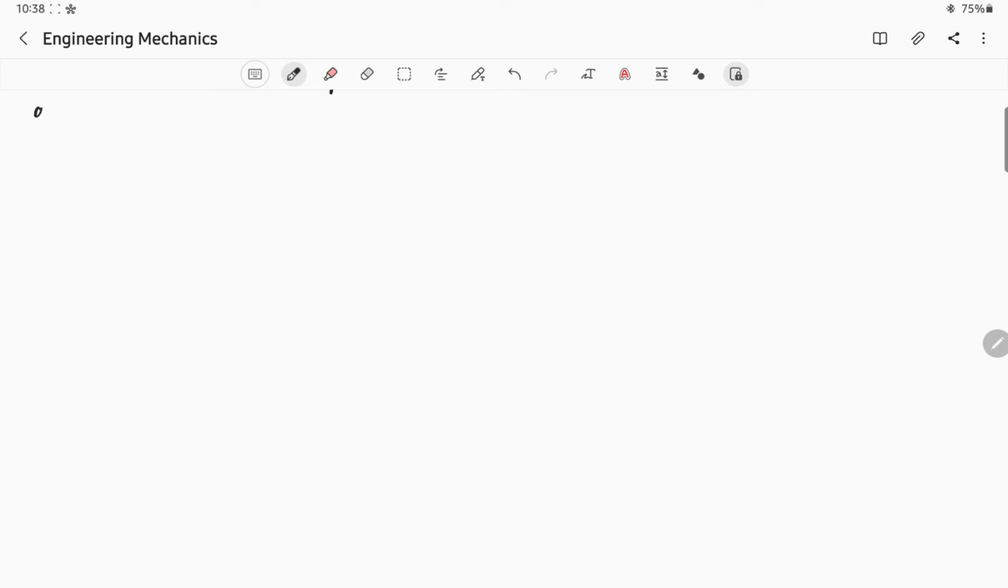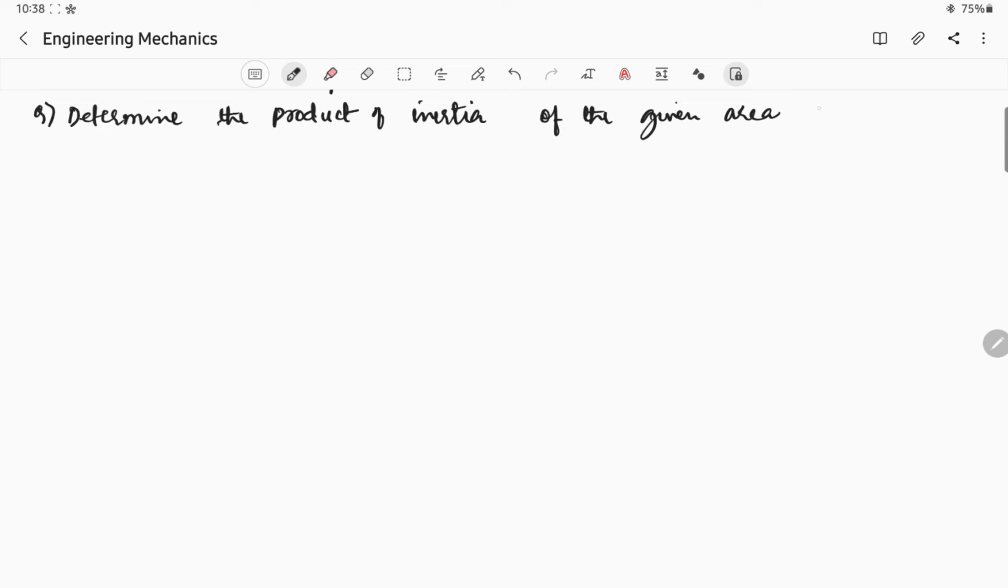The question is: determine the product of inertia of the given area shown in the figure.